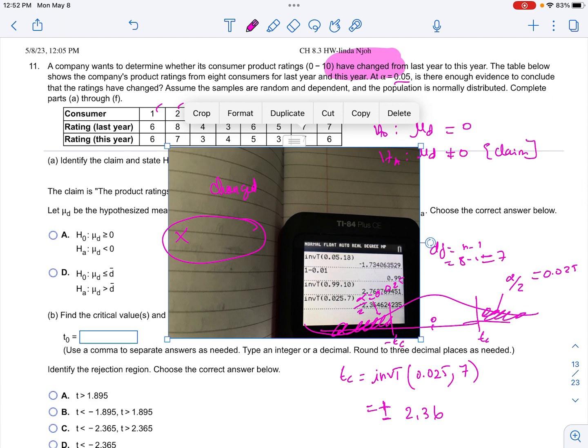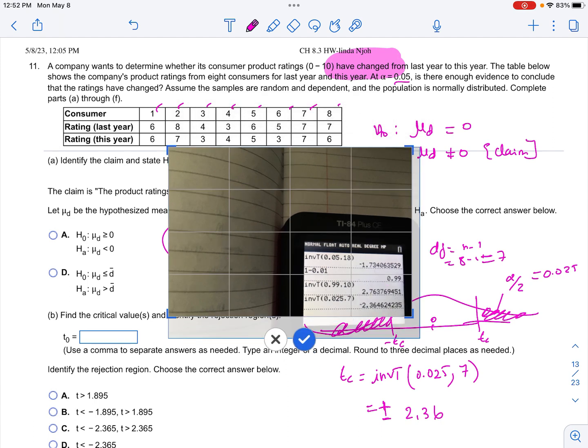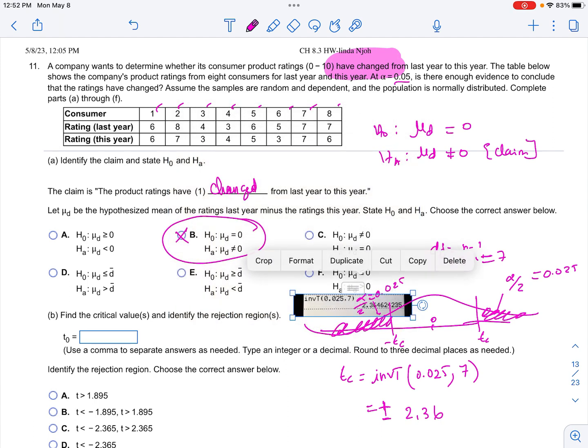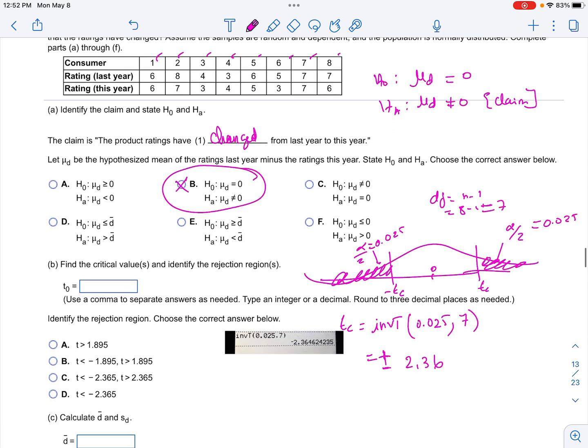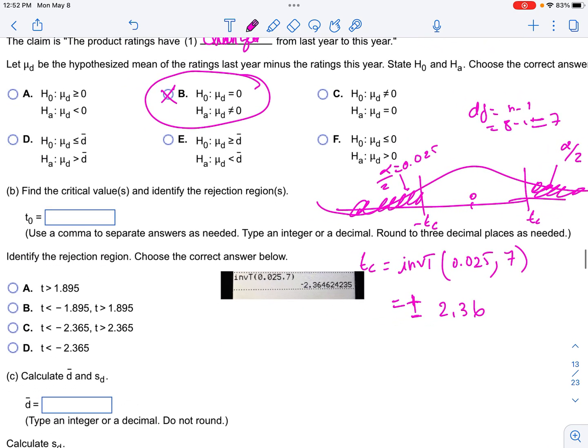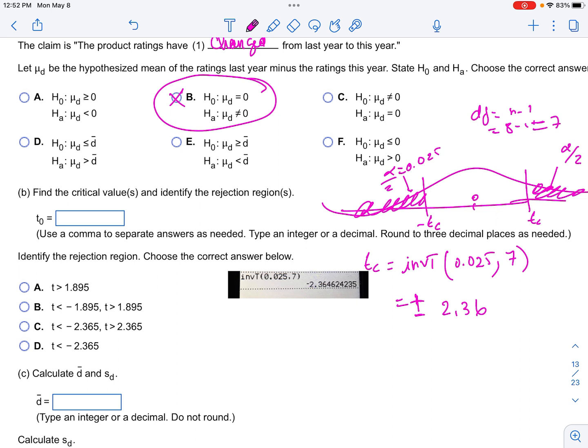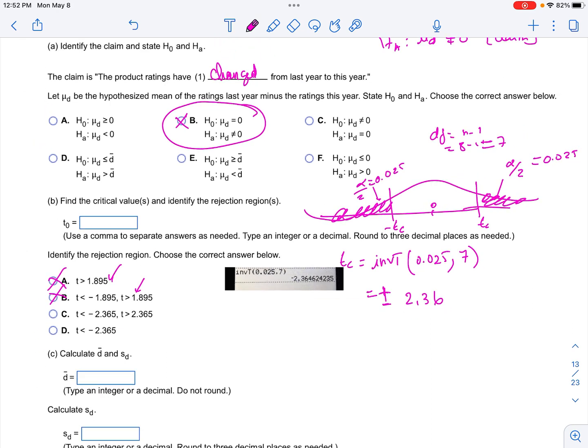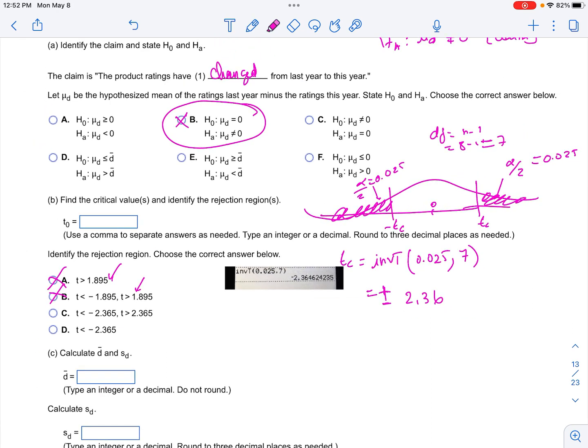I hope everybody sees that. So we already know it cannot be A, cannot be B. Notice they were giving you a little trick, because if you don't split the alpha in half, you're going to make the wrong decision. So this is your choice.